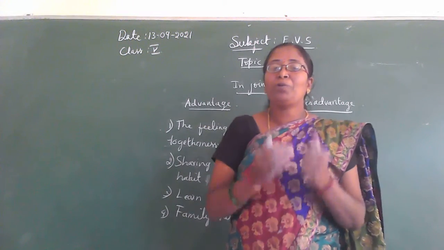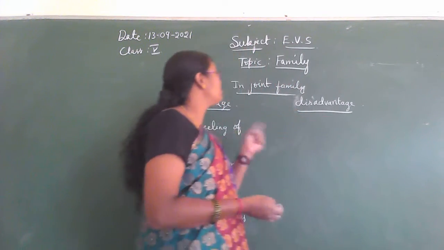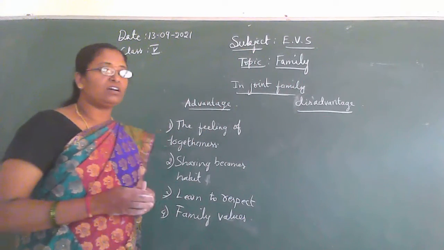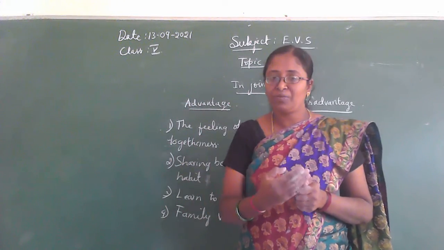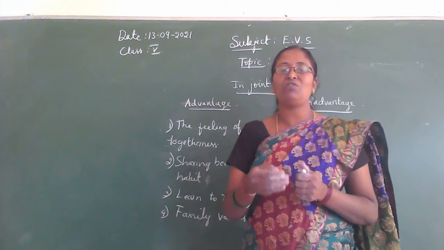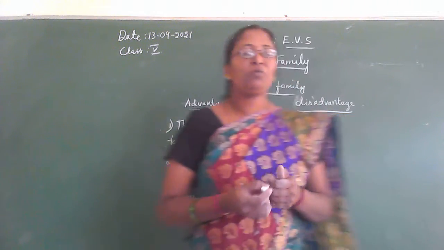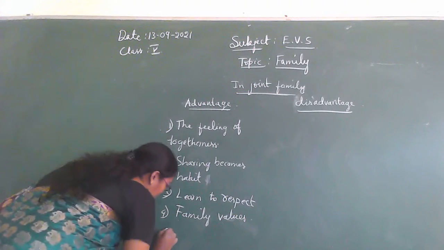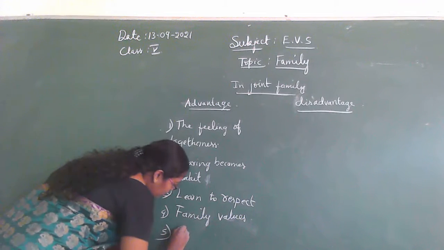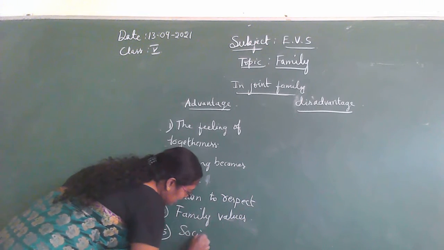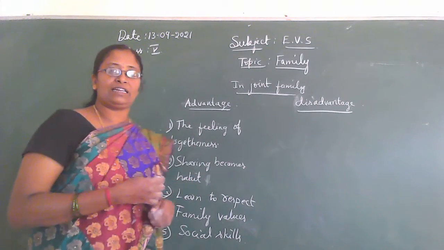So improved social skills are cultivated in this family. When we go outside, how we should conduct ourselves, how to behave, we learn that from the joint family. It improves the social skills.